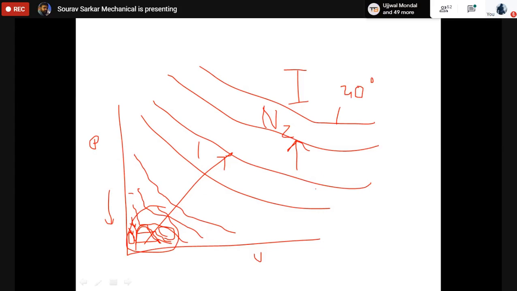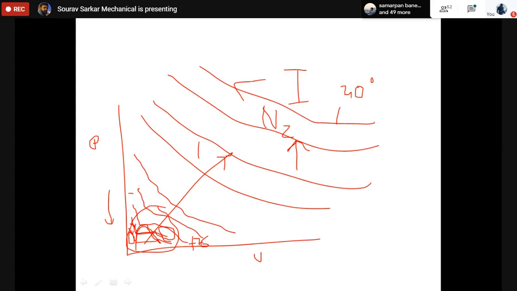But if we go to minus 170 degrees Celsius, you will reach this line, so you will get a liquid phase change. But at 40 degrees Celsius, it will behave like a perfect gas.